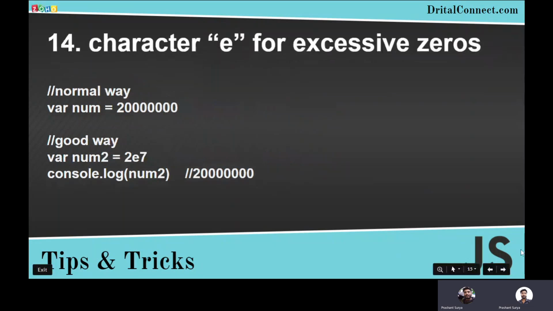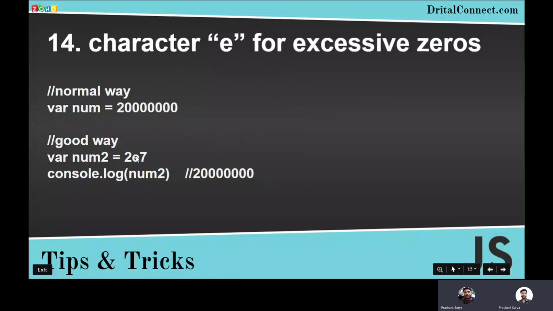Now come to the next one, character E for excessive 0. Let's suppose you have a number with this many zeros: 1, 2, 3, 4, 5, 6, 7. That means 7 zeros are there. The good way is to write it with the help of E. Number2 equal to 2E7.